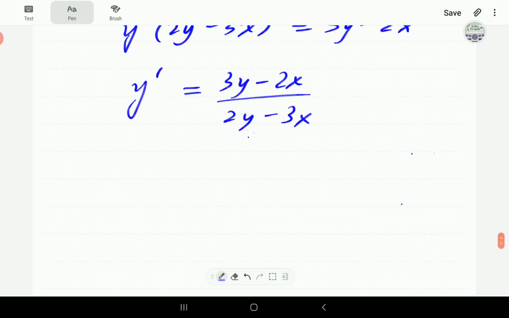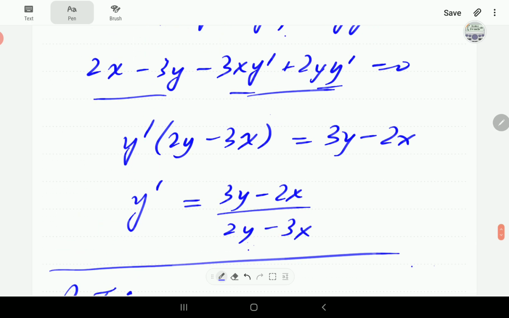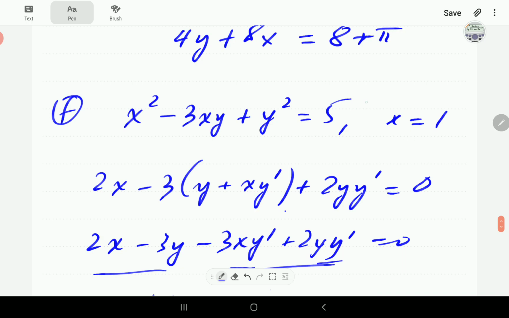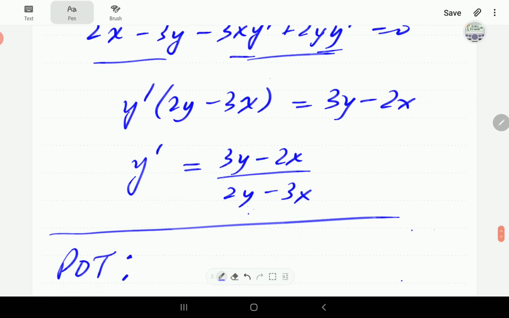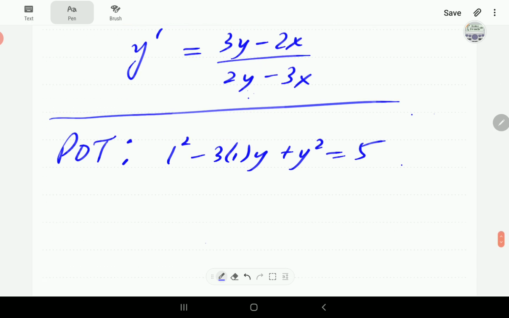Then we need the point of tangency. So we substitute x equals 1 here: 1 squared minus 3 times 1 times y plus y squared is equal to 5.